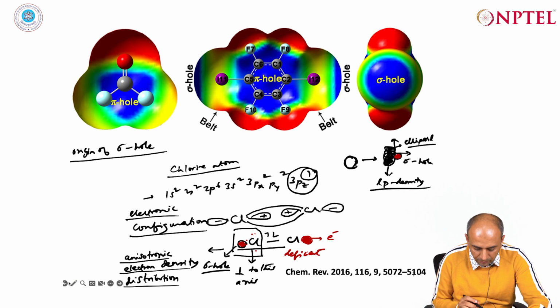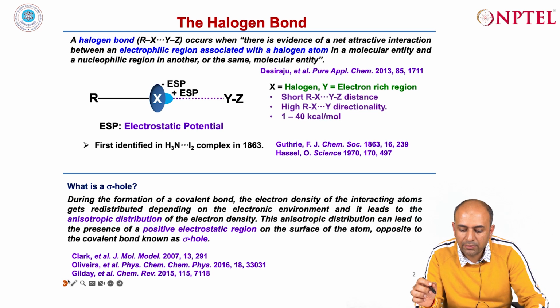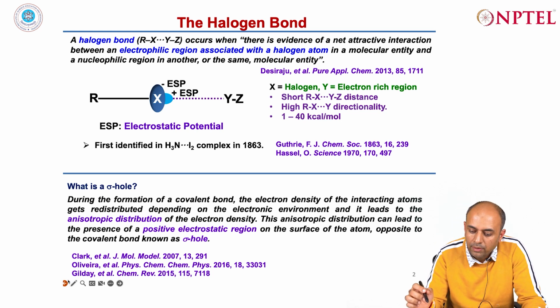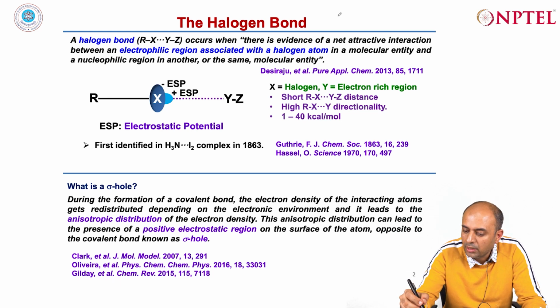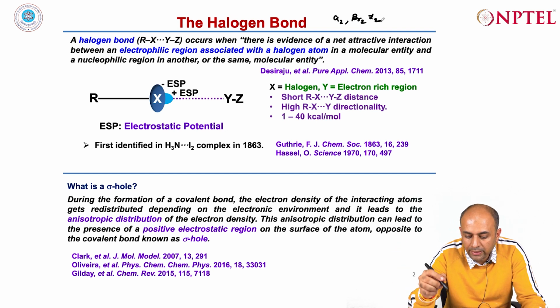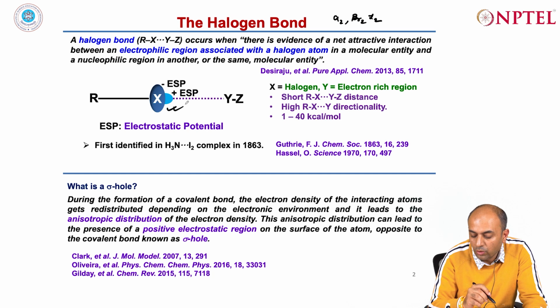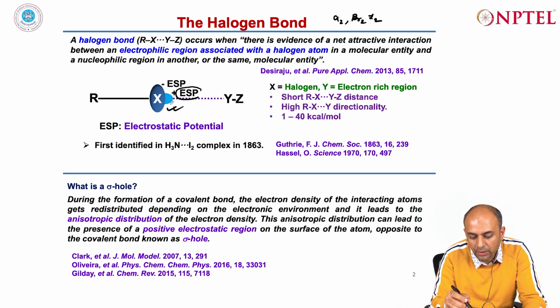Now, keeping this in mind, we can now define what is a halogen bond, because in this case we are considering halogens, particularly the heavier halogens, chlorine, Br2 and I2. It has been observed that there is the sigma hole which is formed, and if we were to actually compute or calculate the electrostatic potential, it will have a positive value.